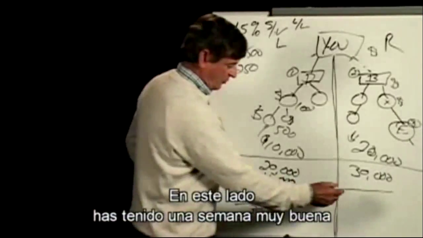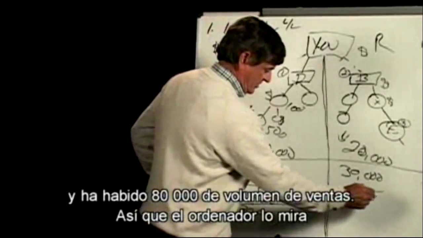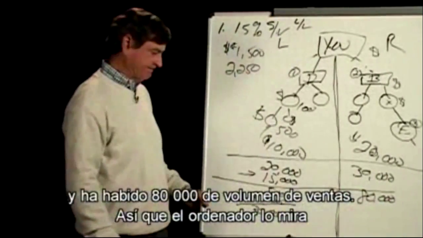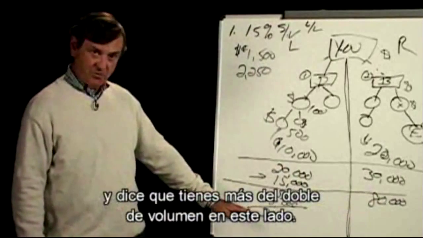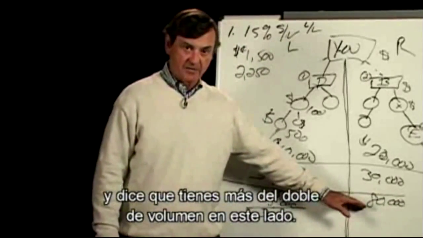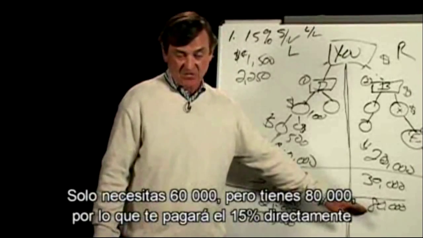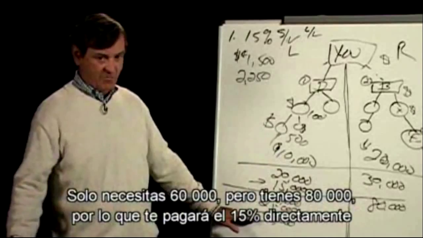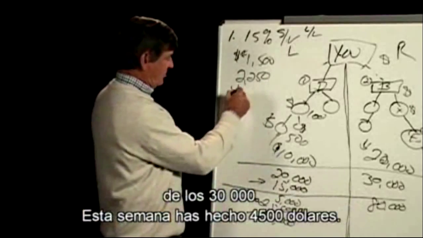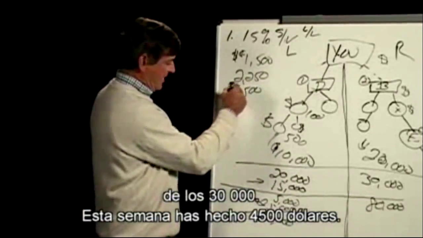And over here, you had a great week and there was 80,000 in volume, okay? So the computer takes a look and says, wow, you've got twice as much volume here, right? You only need 60, you get 80. So it's going to pay you 15% straight away, 30,000 for the week, you made $4,500.